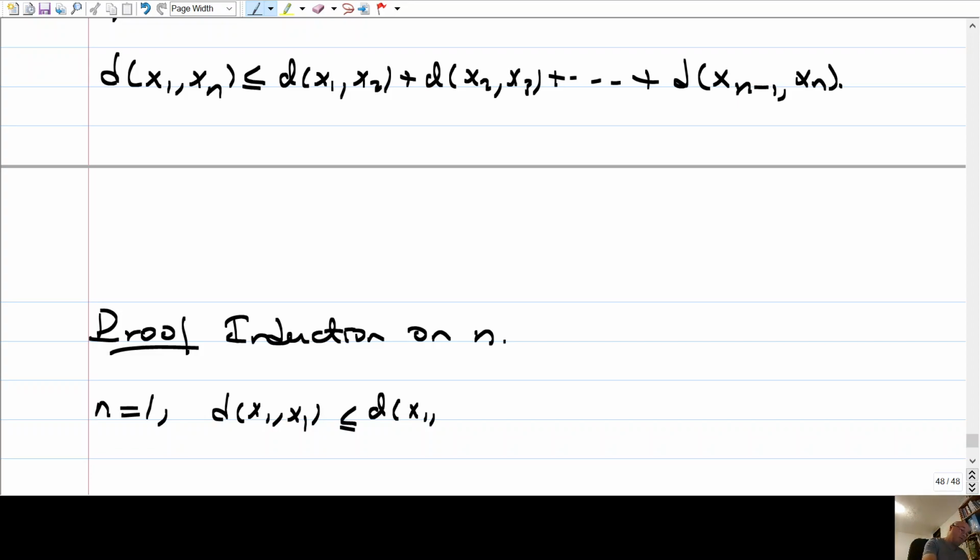Okay, actually for n equals 1 it doesn't make sense, right? Maybe I should start with n equals 2. So in that case, the distance from x1 to x2 is less than or equal to the distance from x1 to x2. Well, of course, it is the case, right?